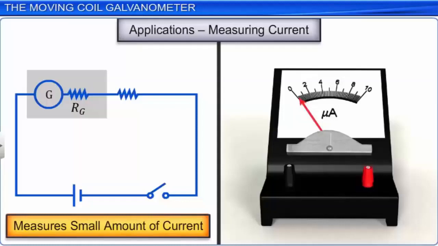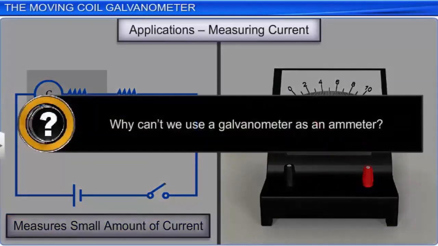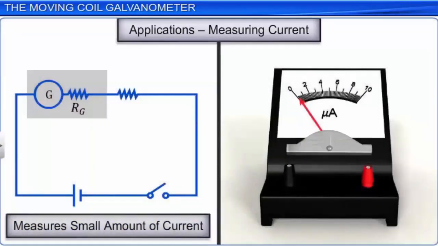Why can't we use a galvanometer as an ammeter? There are 2 reasons. First is due to the fact that the galvanometer is a highly sensitive device. The full-scale reading on the galvanometer is in the order of microampere only.